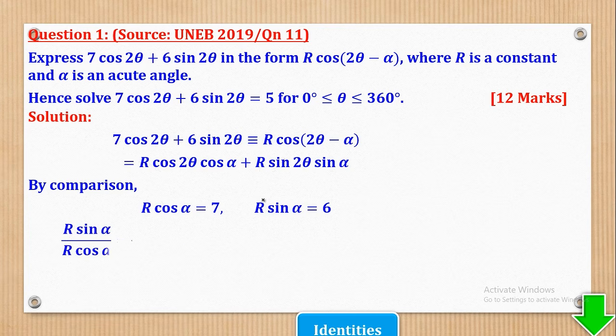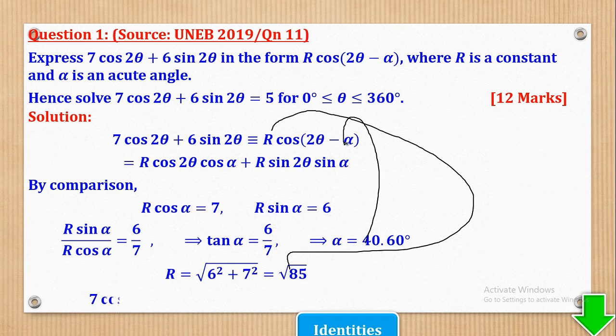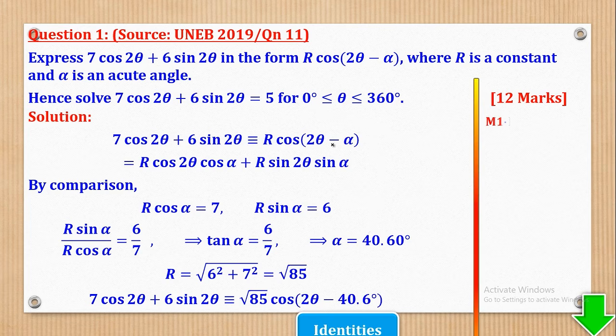Then from there we can now get our value of alpha and also the value of capital R. Now that I know alpha and r, I'll substitute for r here and for alpha there. So when I do that, this is what I'll get.